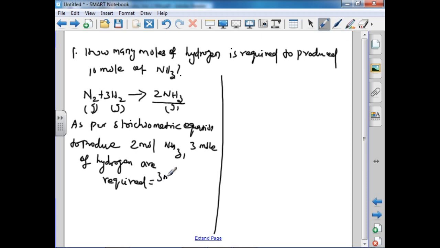Equal to 3 mole of H2 divided by 2 mole of NH3.